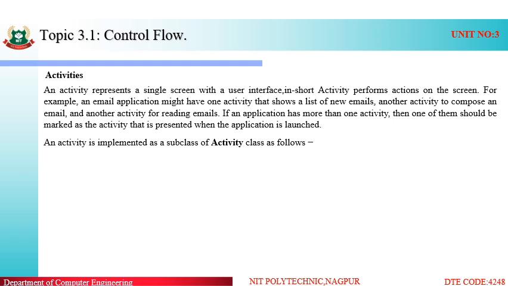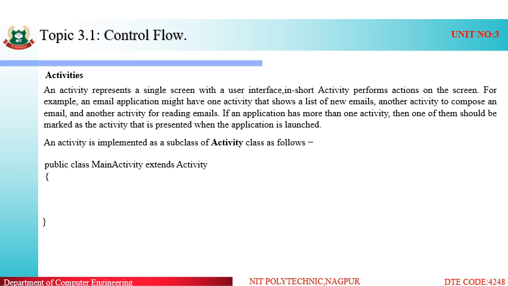An activity is implemented as a subclass of the Activity class. So all these activities are placed inside an activity class. The syntax is: public class MainActivity extends Activity. MainActivity is a class which will handle all the activities, where an activity is nothing but a user interface screen.